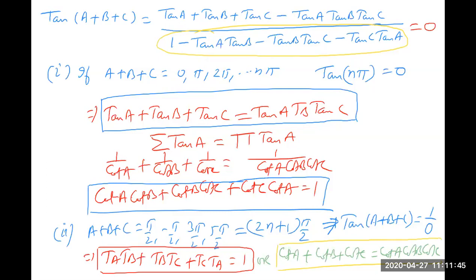Infinity means something divided by 0. So I'm equating denominator equal to 0. That means 1 minus tan A tan B minus tan B tan C minus tan C tan A is equal to 0. So from here I'm getting tan A tan B plus tan B tan C plus tan C tan A is equal to 1. This is the proof of all this. These are two very important results. Everybody must learn them.